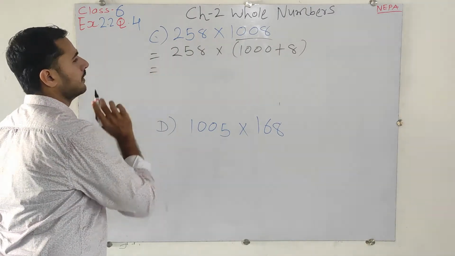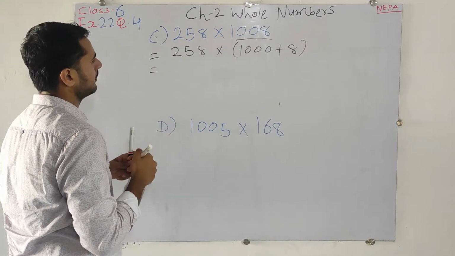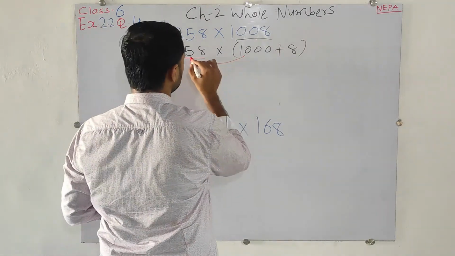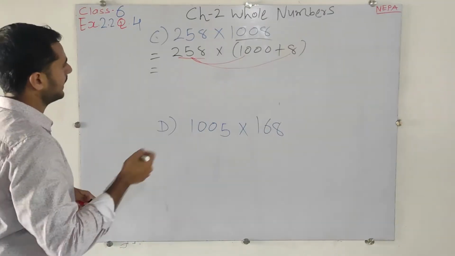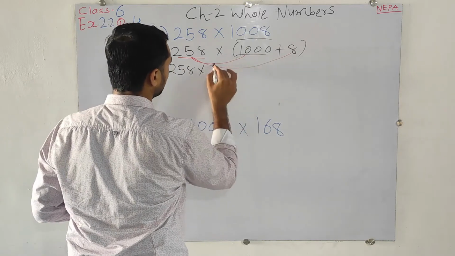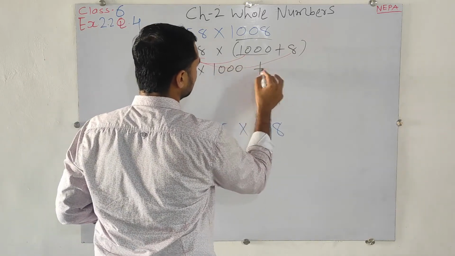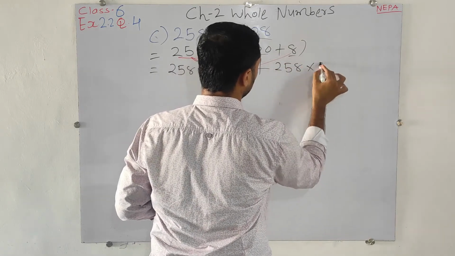Now distributive property. So this number will multiply to this as well as this, because of each and every number in the brackets. So let's do that. That is 258 multiplied by 1000 plus again 258 multiplied by 8.